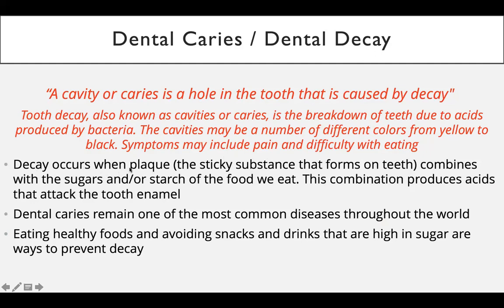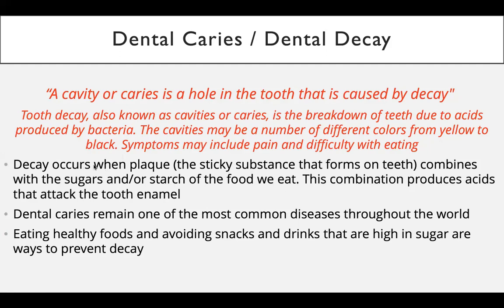Decay occurs when plaque, the sticky substance that forms on teeth, combines with sugar or starch or both of the food we eat. You already know the difference between plaque and calculus. As you know, our saliva contains salivary amylase and salivary lipase, and the amylase helps to break down carbs or starch in the mouth.